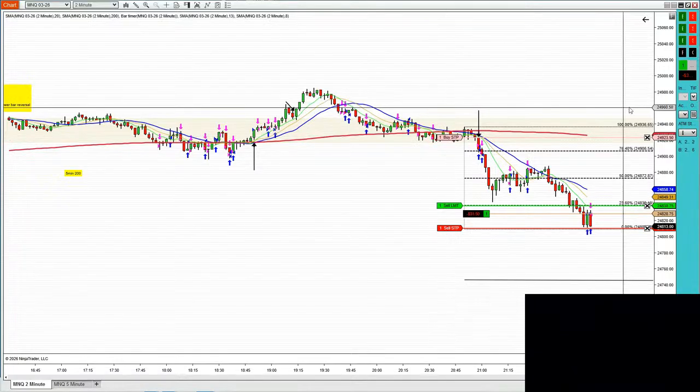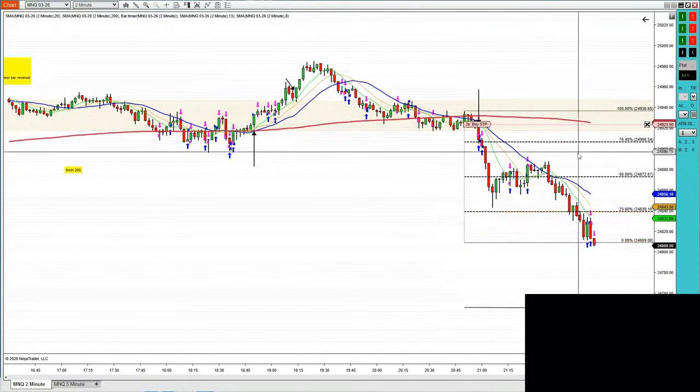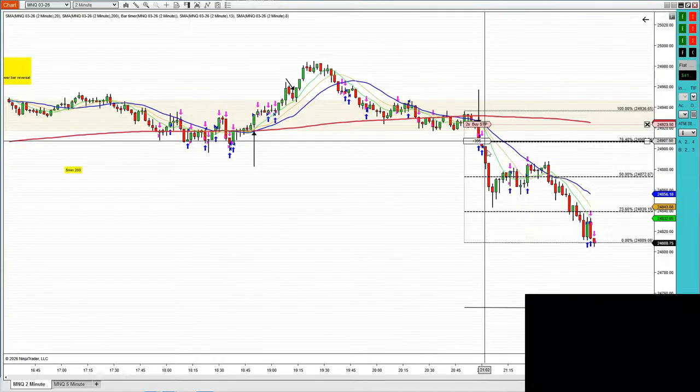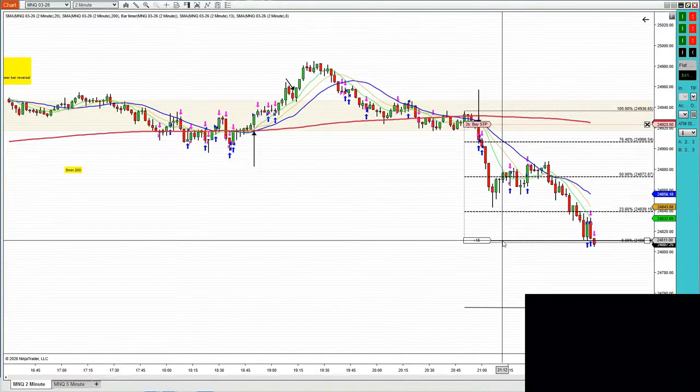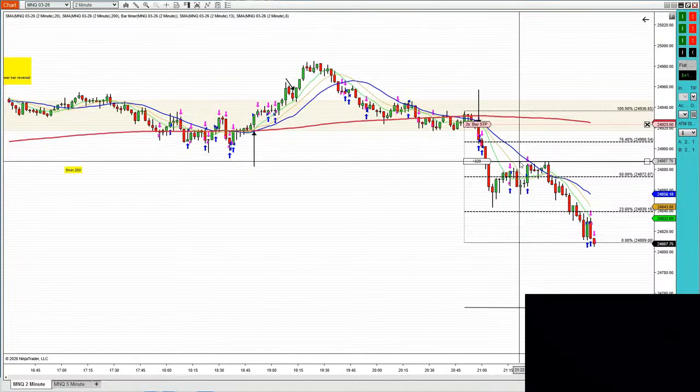So I'm going to increase the contracts on that, and then I'll wait for this to fizzle out. Don't want to jump in too early.